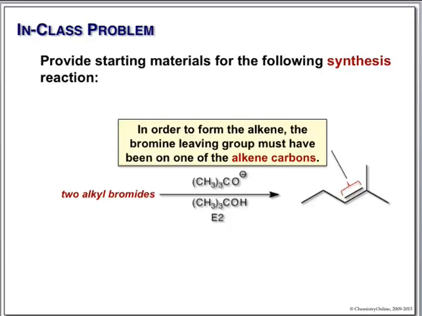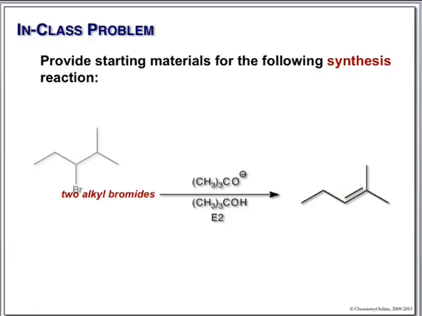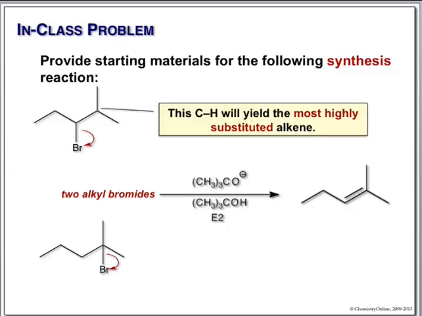All we have to do is simply put our halogen on each of these carbons. Our first one could be something like this. Now, as you do this elimination, remember, this is the Zaitsev product. So the hydrogen we're going to pull off is going to be this guy up here to give us the most highly substituted. The same thing down here.